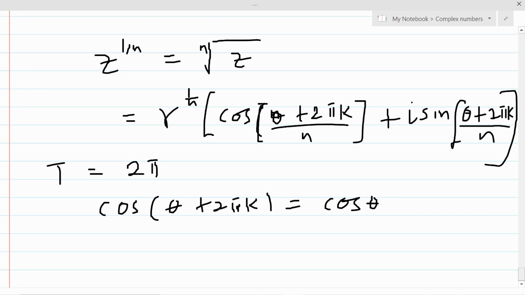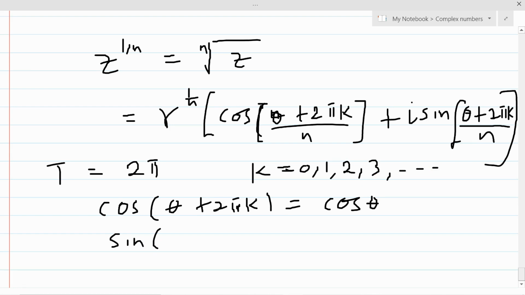This is true for every 2 pi times some constant k, where k ranges from 0, 1, 2, 3 and so on.